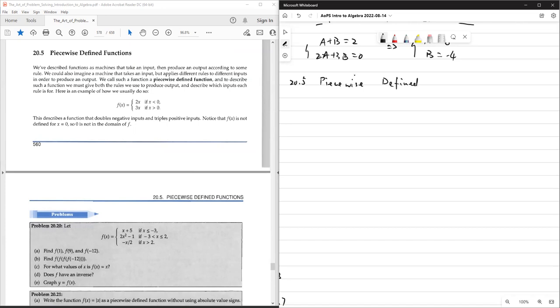This is just more general. Say, for example, the floor and ceiling functions we saw earlier are piecewise functions, right? But this is more like a piecewise defined function.